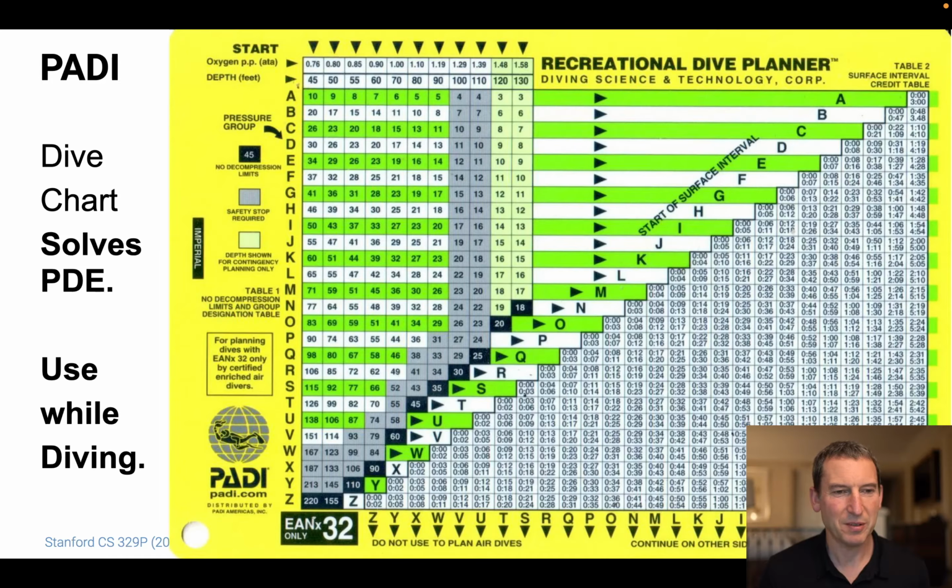This gets even worse once you try nitrox diving or trimix diving, where you mix a variety of gases, and essentially you have to solve partial differential equations of the gas level in your blood. Now, most divers that I know are not particularly good at partial differential equations. They're good at swimming and other things, but PDEs, not so many. I don't think I've met even one.